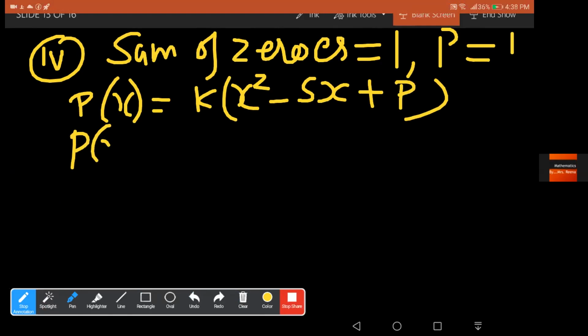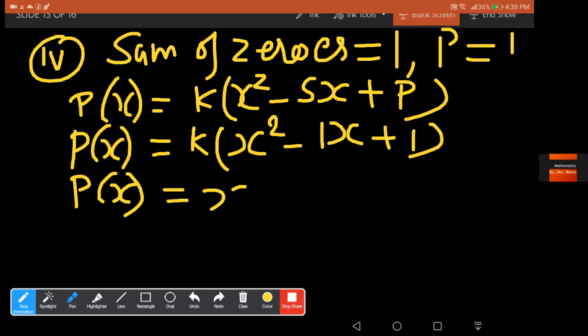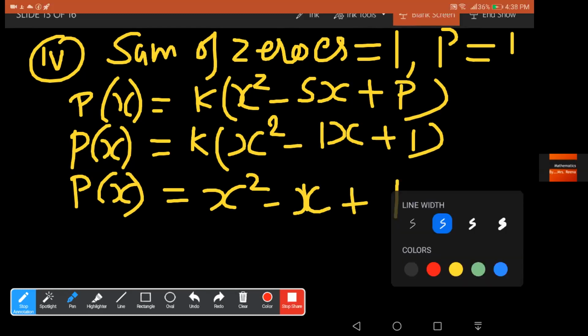So here I can take the required polynomial equal to k, where k is a real number, x square minus 1x plus 1. Or I can take it as px equal to x square minus 1x, that is x only, plus 1. So I can take k equal to 1.